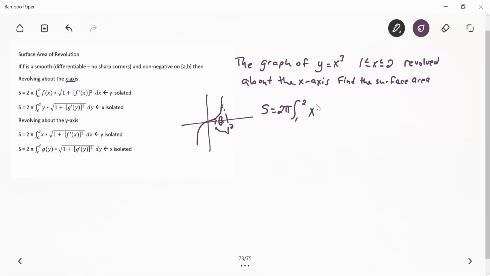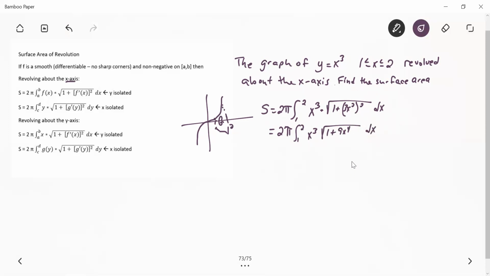We're going to have x cubed, that's our function, times the square root of 1 plus the derivative of that, which is, the derivative of x cubed is 3x squared, and that's going to be quantity squared, dx. All right, so we have 2 times pi from 1 up to 2 of x cubed times the square root of 1 plus, let's see, 3x squared quantity squared is 9x to the 4th, dx.